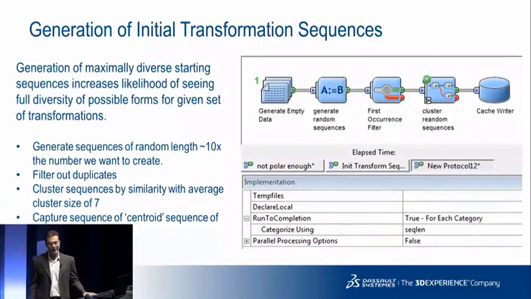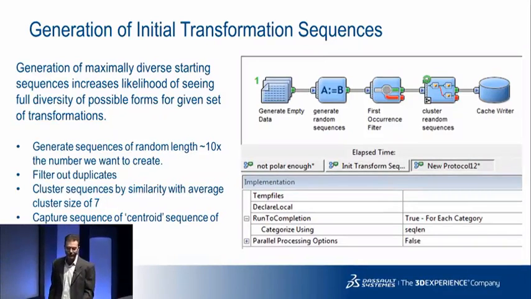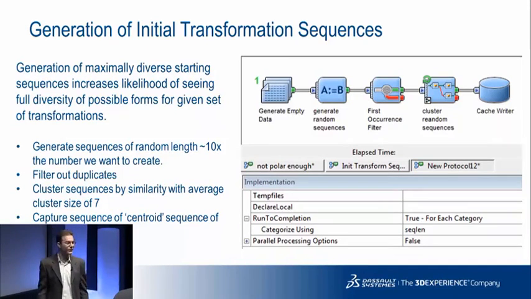So here's a Pipeline Pilot protocol that I wrote to generate an initial set of 1,000 or so diverse starting points for doing this kind of exploration. In this protocol, we generate 10 times as many random sequences as the ultimate number of images that we want to generate in the first generation. Then we filter out any duplicates using one of the components built into the system.